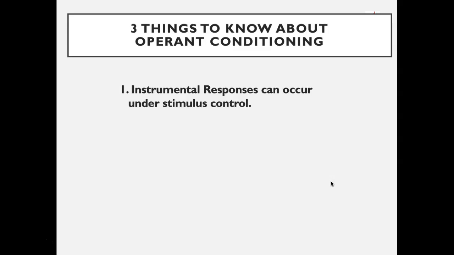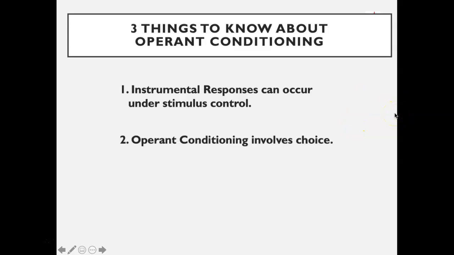But they can occur under stimulus control. So you can control a certain stimulus, you can control the scenarios in which these events occur. Trying to think of an example of this. Let me get back to that. Let me think on that.